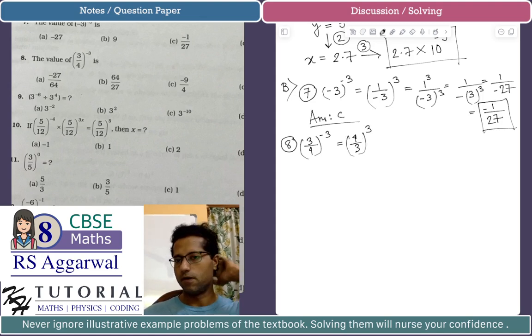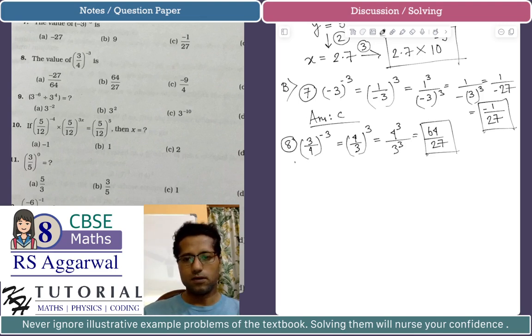That is the same power but without the negative sign. So now we can convert it as a rational number. 4 cube divided by 3 cube. This is equal to 64 divided by 27. So the correct choice is B.